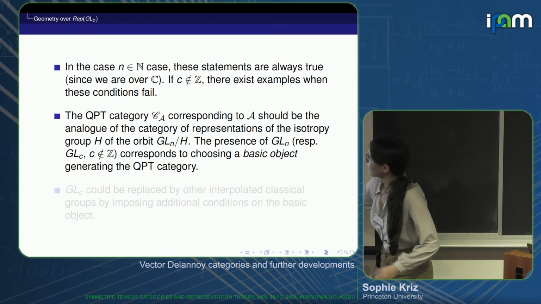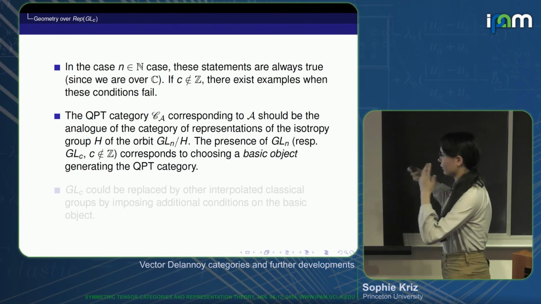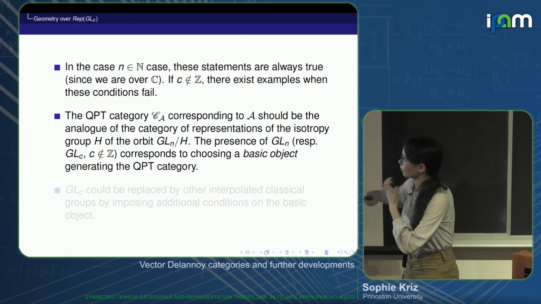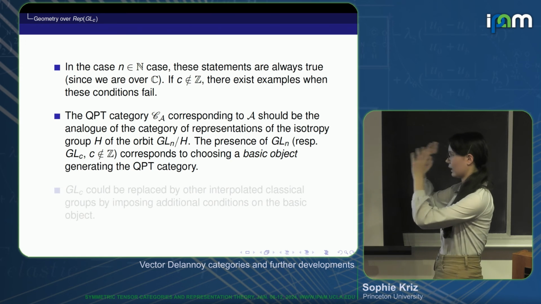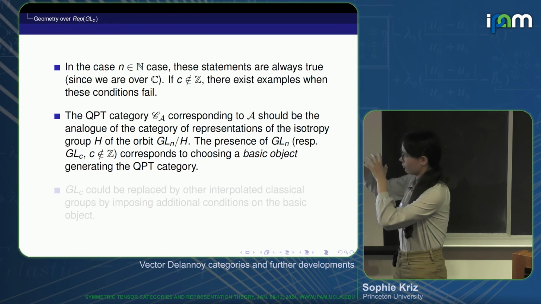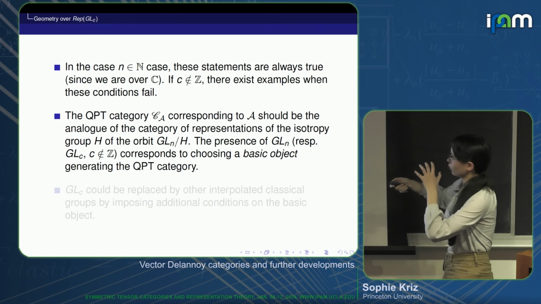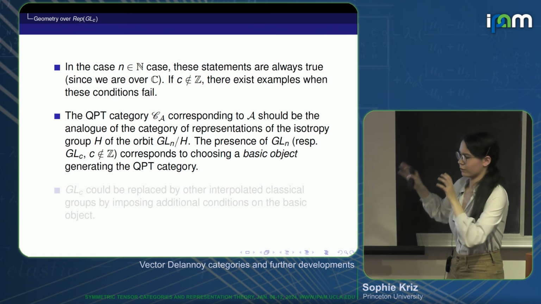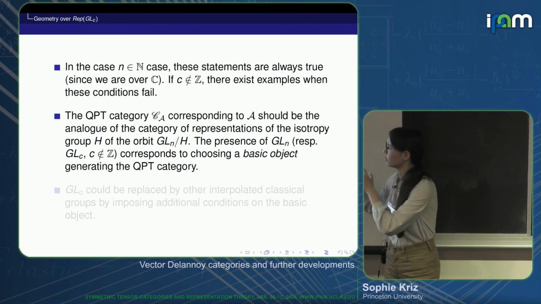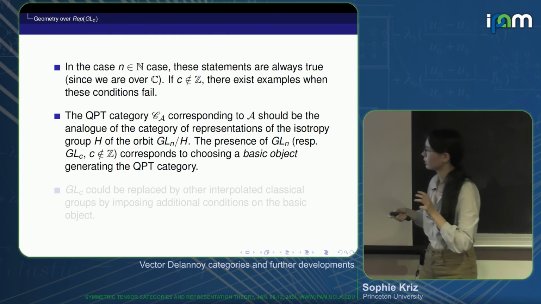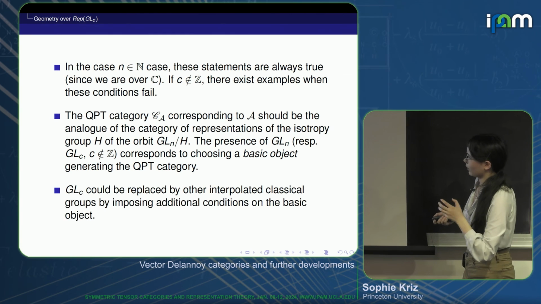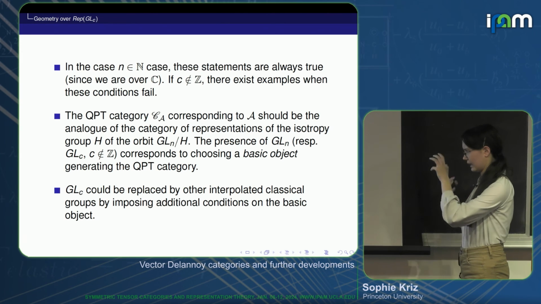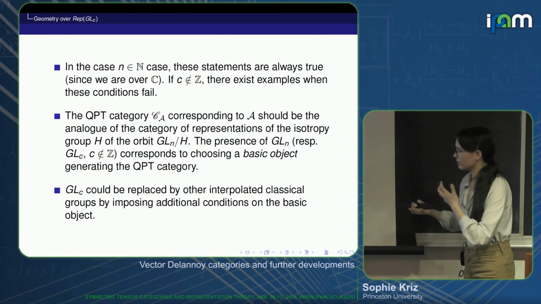So, for example, just more about the philosophy: this category C_A corresponding to A should be the analog of the category of representations of the isotropy group H of the orbit GL_n over H. So it should be some sort of H-representations. And like I said earlier, the presence of this GL_t corresponds to choosing a basic object generating this pre-Tannakian category. Potentially GL_t could be replaced by other interpolated classical groups, for example by imposing additional conditions on the basic object.